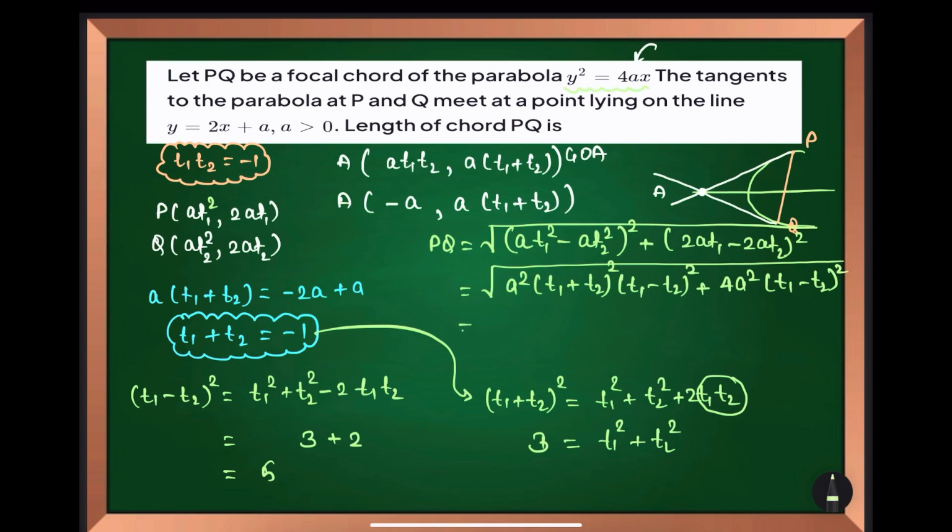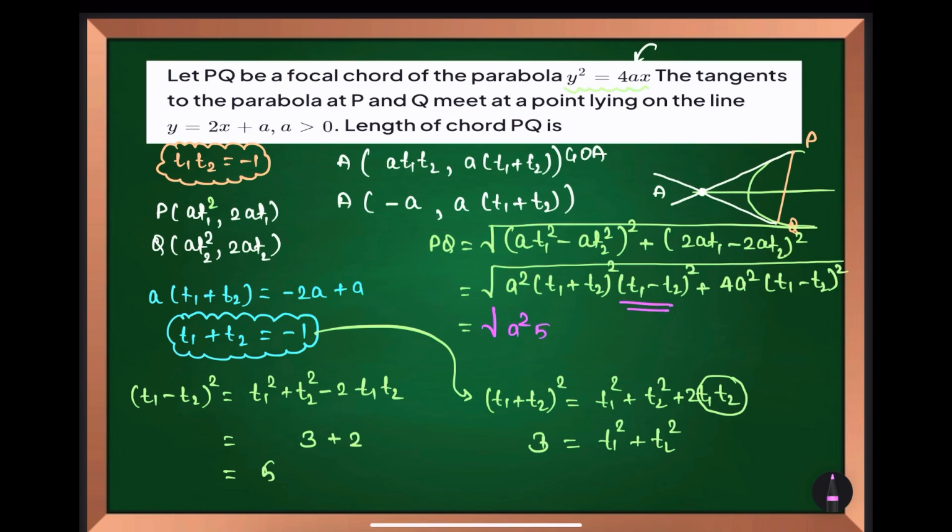Okay, now look at this. Now I'll be writing the final result. So it is a squared times t1 plus t2 whole squared; t1 plus t2 is minus 1, and minus 1 squared is 1. t1 minus t2 whole squared is 5.